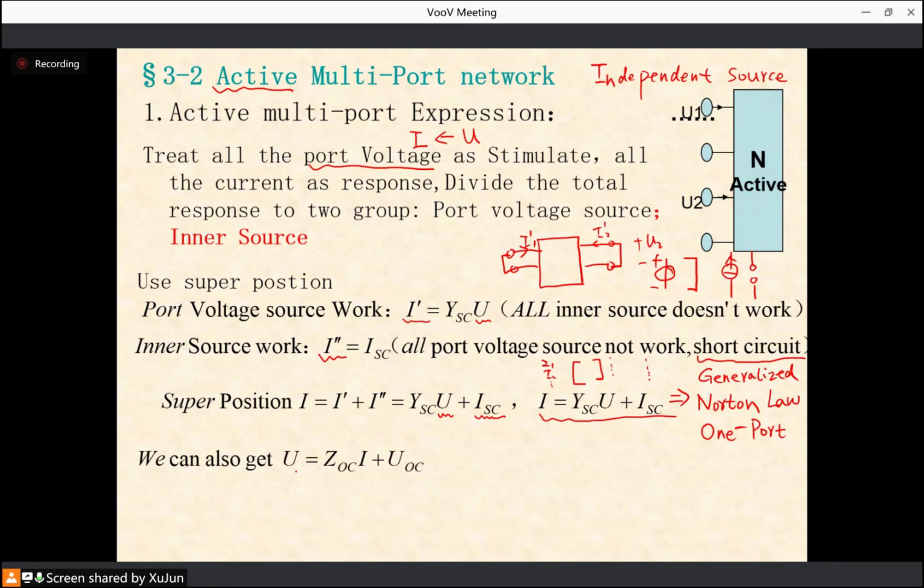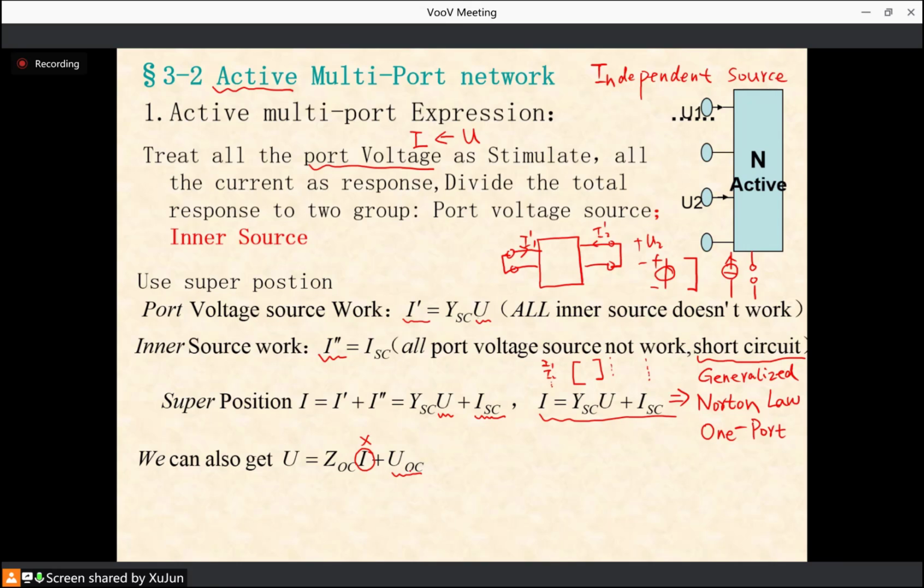We can also get the U equal to GOC I plus UOC. That means we use current to express voltage, and at first we assume the inside source not work, only the outside work, and then assume the outside not work, means open, only the inside work.